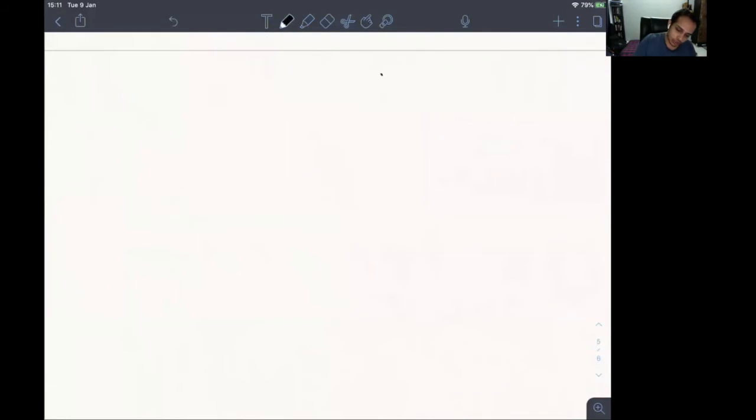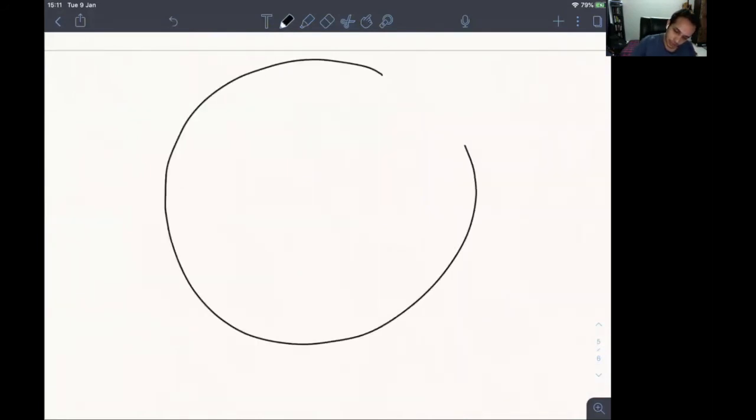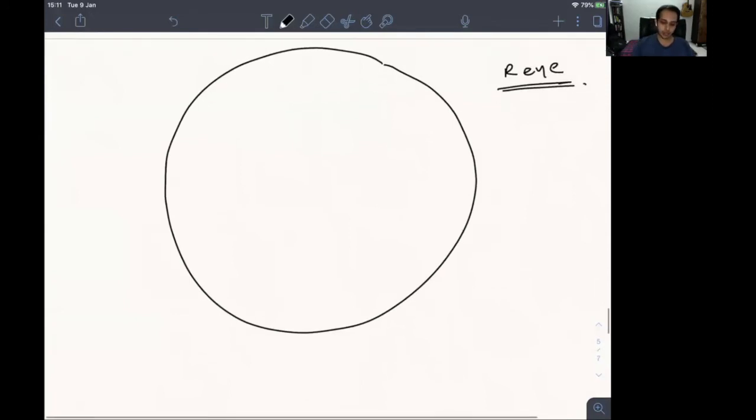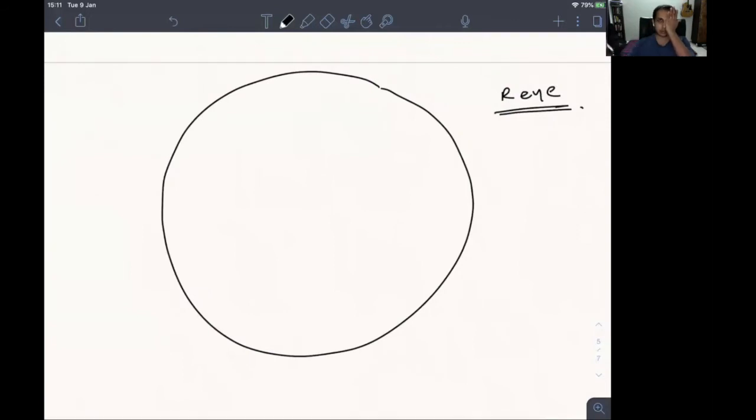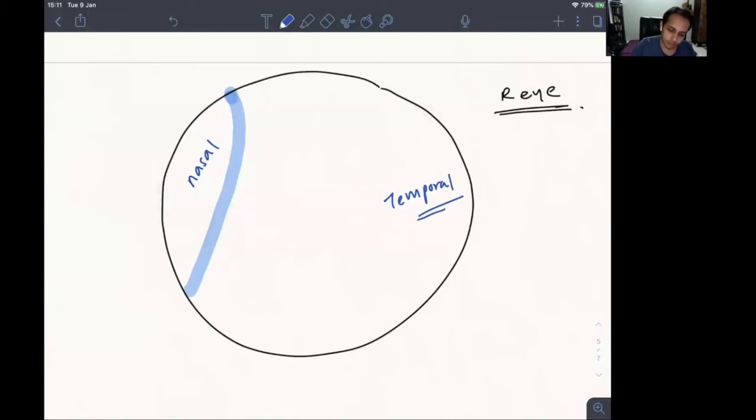Now suppose this is your world that you are seeing with your right eye, and in this world, this much is nasal and this is temporal.